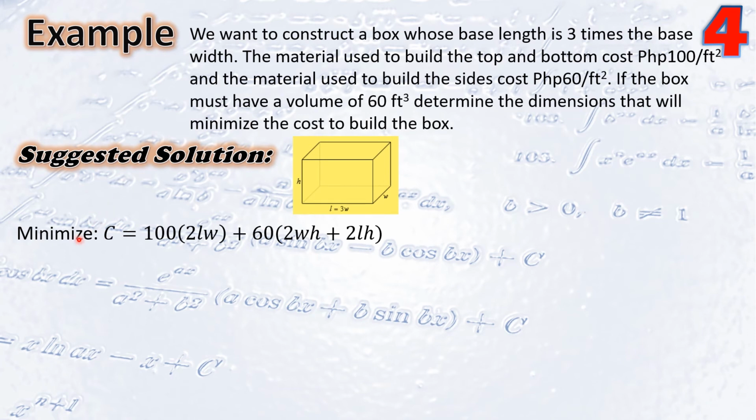From the given information, we are to minimize the cost, and that will be equal to 100 times the materials used to build the top and bottom, that is length times width. So we have 100 times 2LW, and since the material used to build the sides cost 60 pesos, we have 60 times the quantity, 2 times WH, plus 2 times LH.